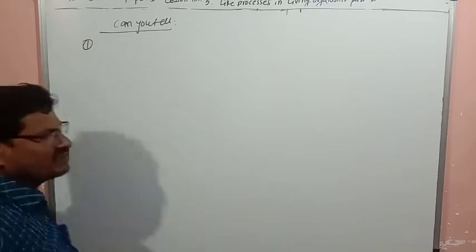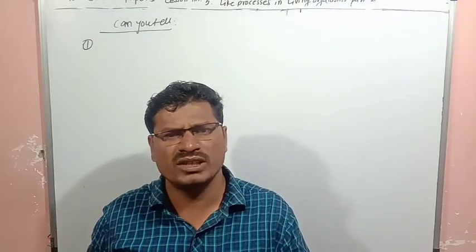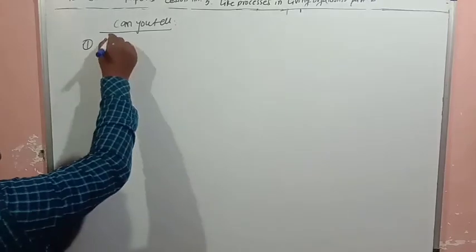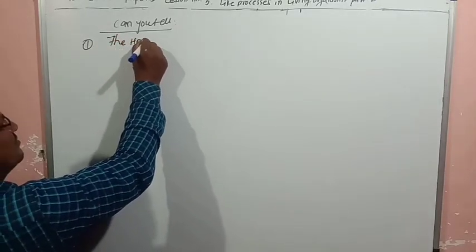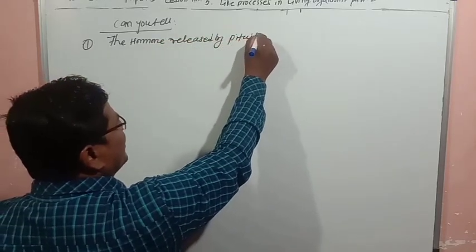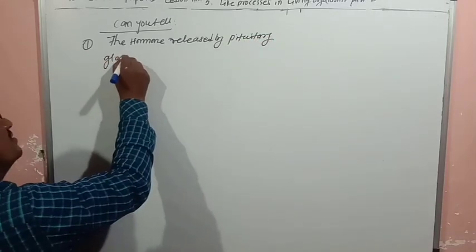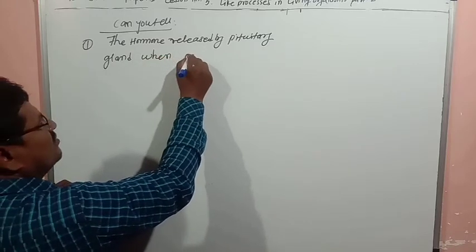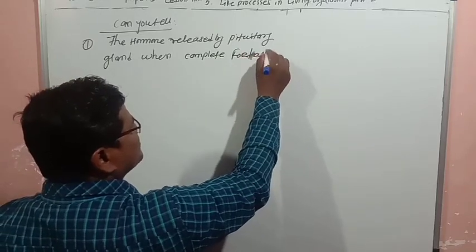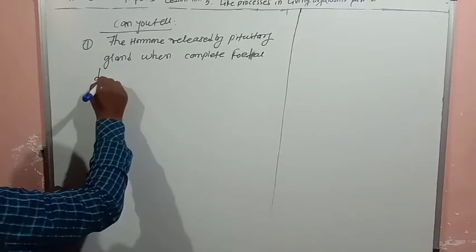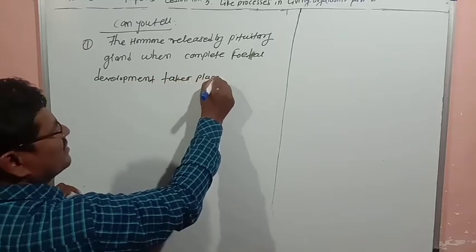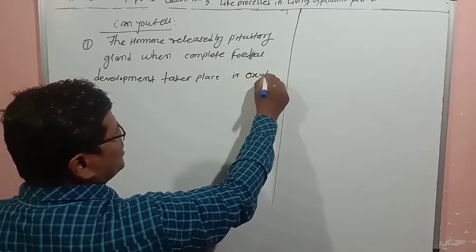So the first point is, when complete fetal development takes place, the hormone released by the pituitary gland is oxytocin.